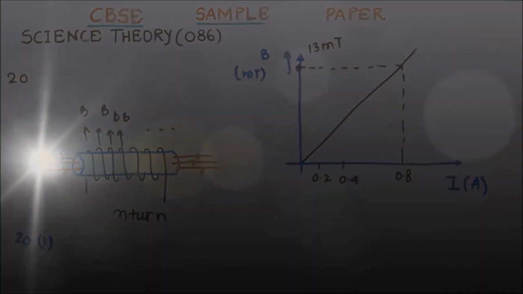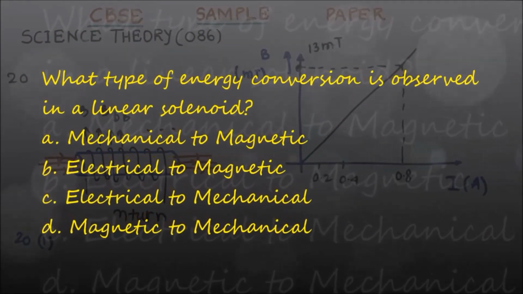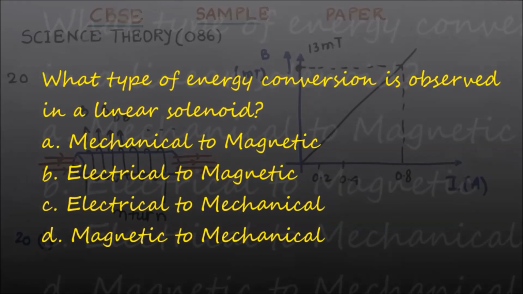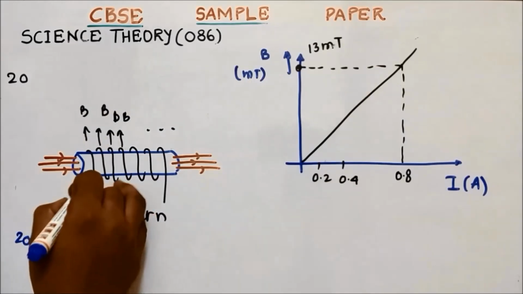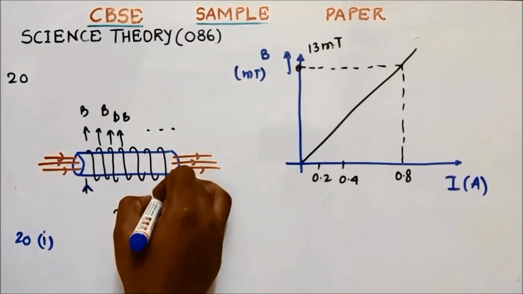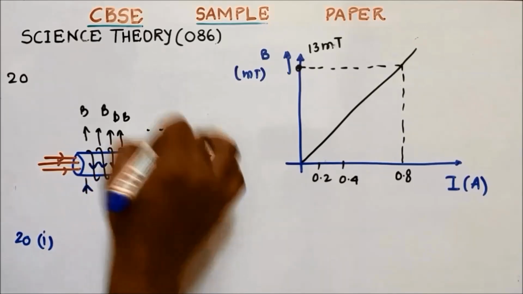So what type of energy conversion is observed in a linear solenoid? Option A, mechanical to magnetic. Option B, electrical to magnetic. Option C, electrical to mechanical. Option D, magnetic to mechanical. When you pass the current through the solenoid, what is happening?